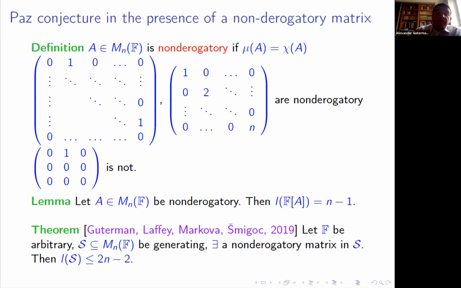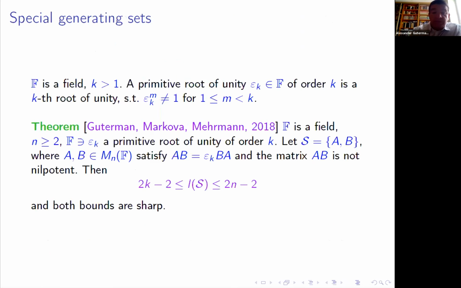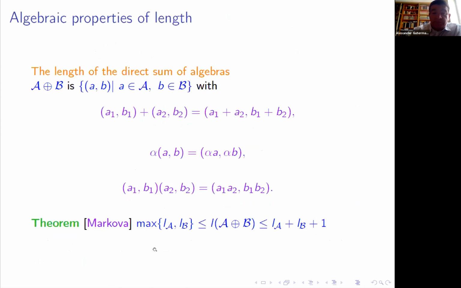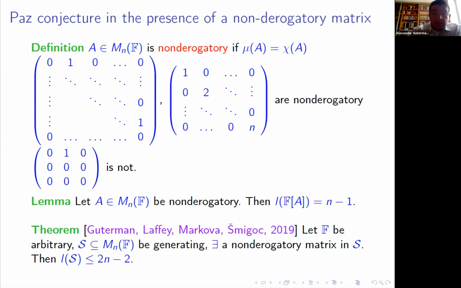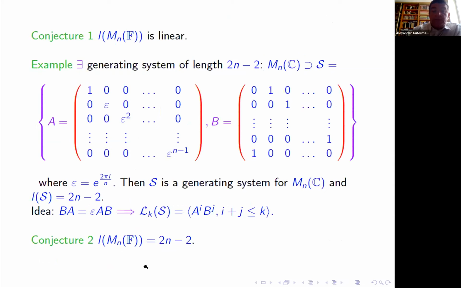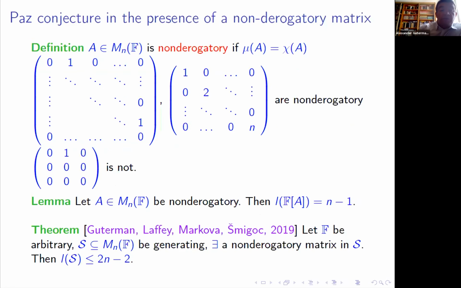And recently, together with Olga, Elena, and Tom, we proved that if our generating system contains a non-derogatory matrix, then the conjecture is true. So the conjecture of Paz about the length is true if the set of generators contains a non-derogatory matrix.